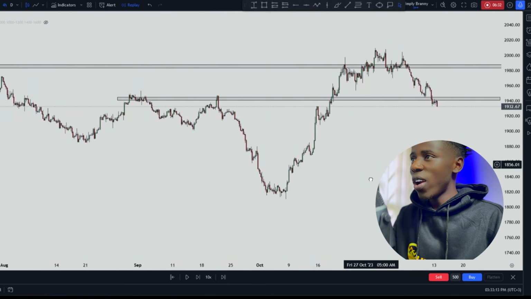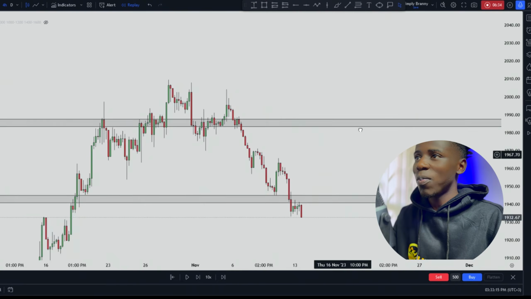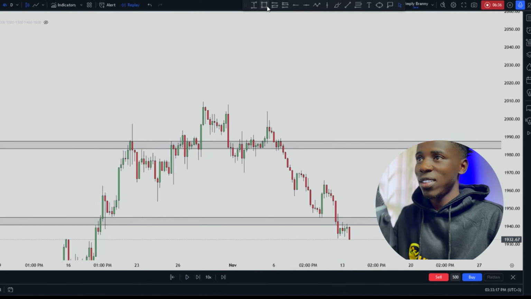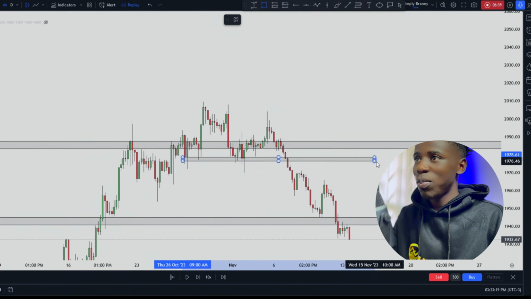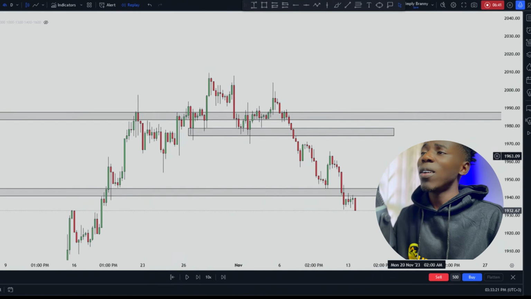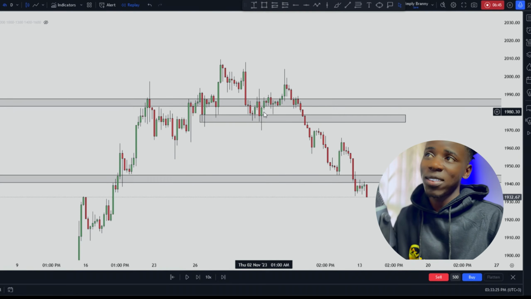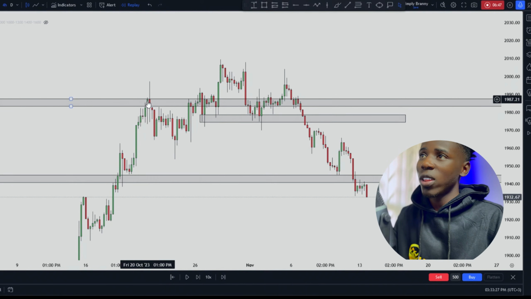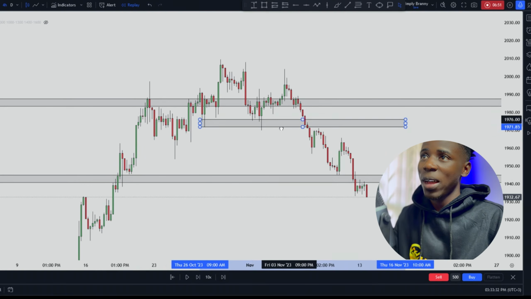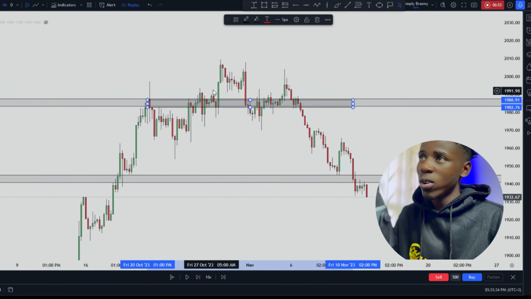So right here, the zone that I can again draw is this zone, which has been broken. Whenever the market breaks a level like this, expect the market to come back. For example, if we go here, we broke it to the downside. Let's say I'm giving you a live example whereby this is the level. We broke it, went down, we didn't retest it.